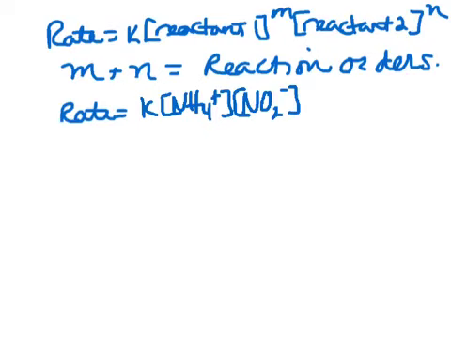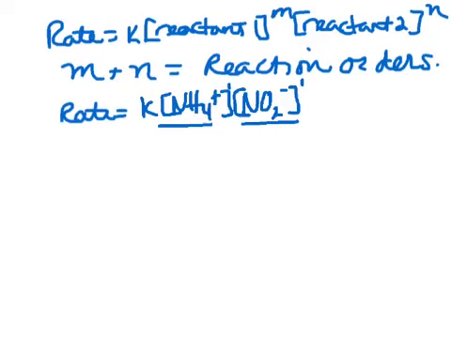And since we have a presumed exponent of 1 here, we would say that this reaction was a first order reaction with respect to the ammonium and first order with respect to the nitrite.